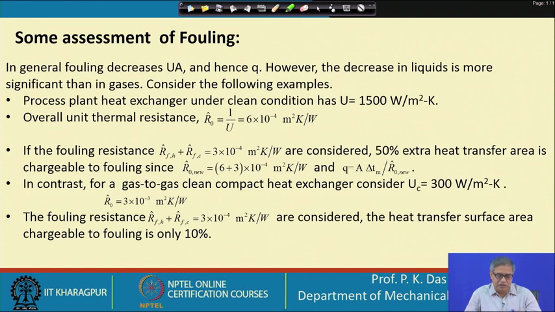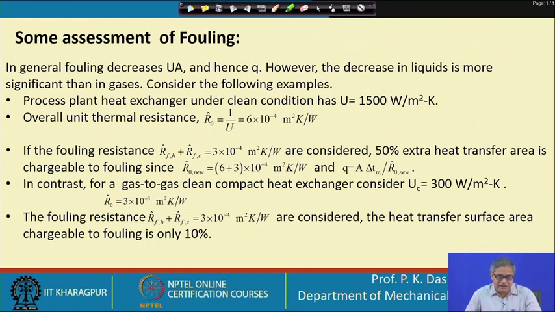So, there will be two fouling resistances. These things you know. However, the decrease is more significant in liquid than in gas. Suppose there are two fluid streams, a liquid stream and a gas stream. On the liquid side there will be more fouling compared to the gas side. It is so in general, but there could be some exceptions also.